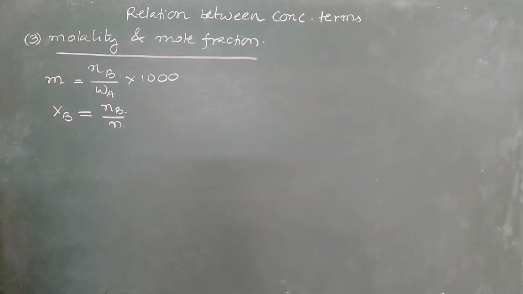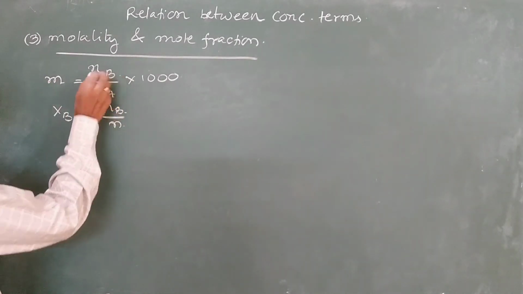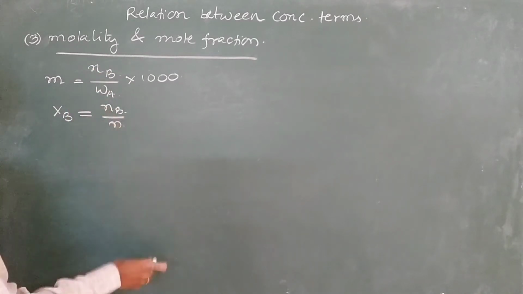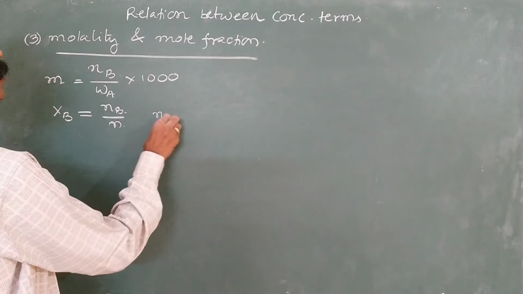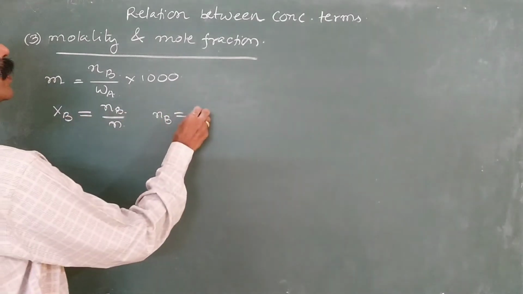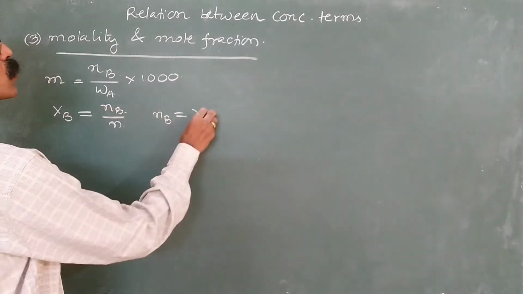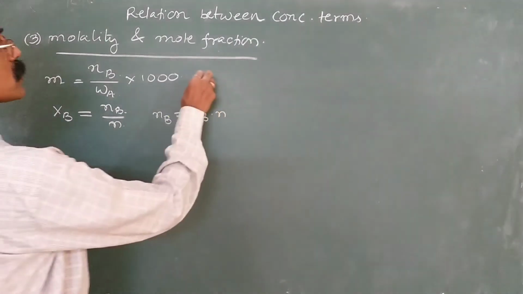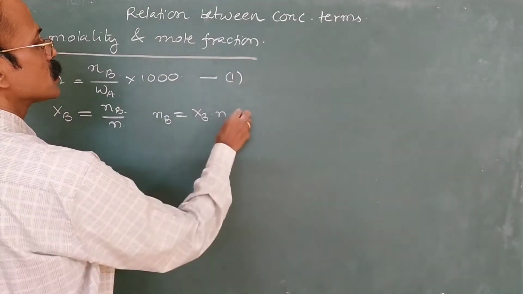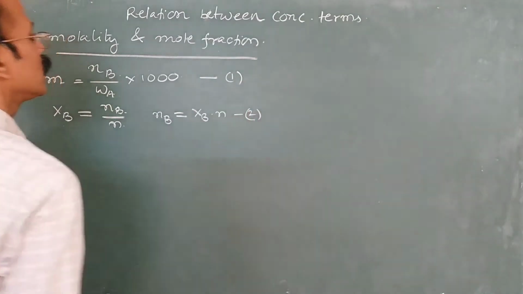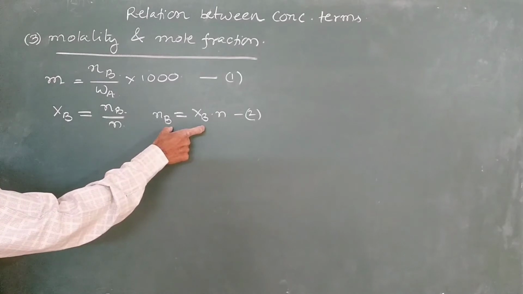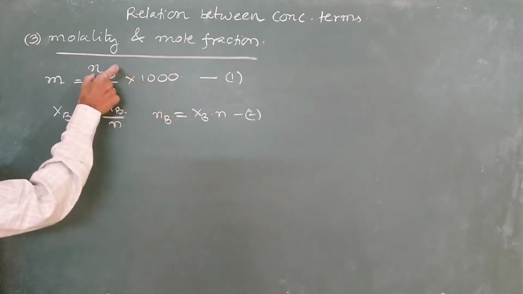Now number of moles of solute is there in both, so number of moles of solute is equal to mole fraction of solute into total number of moles. Let us say this is equation 1 and this is equation 2. Now substitute number of moles of solute from this equation in the other equation.